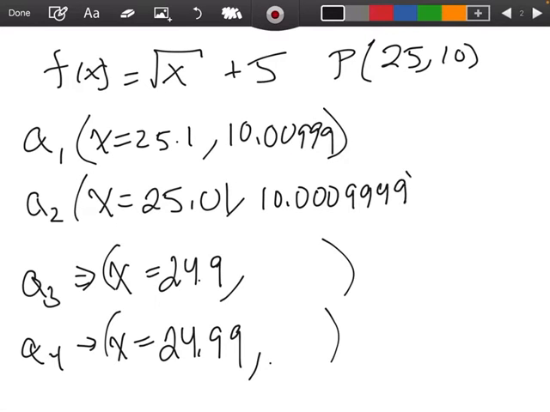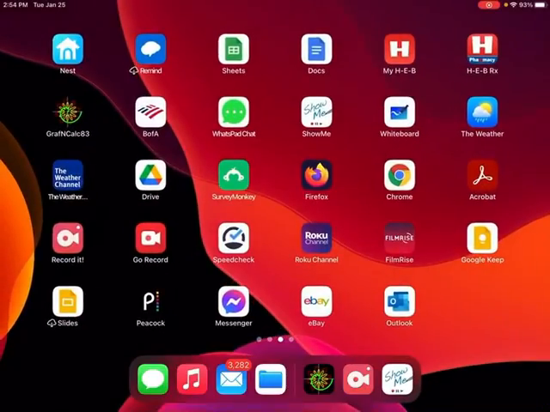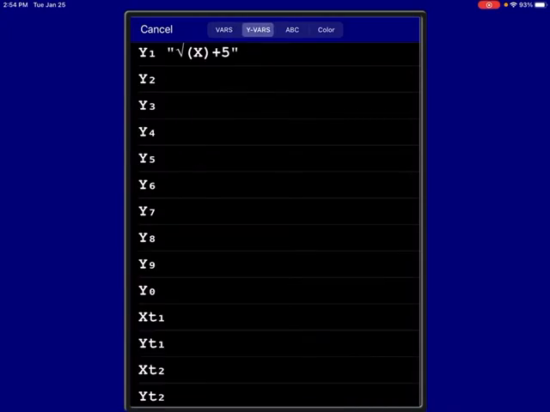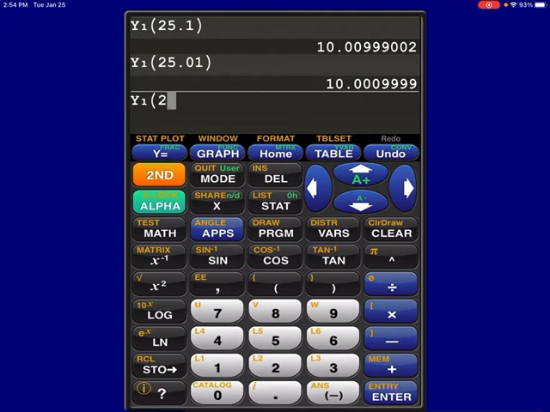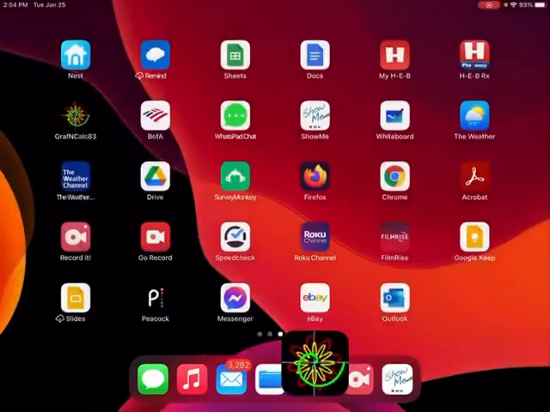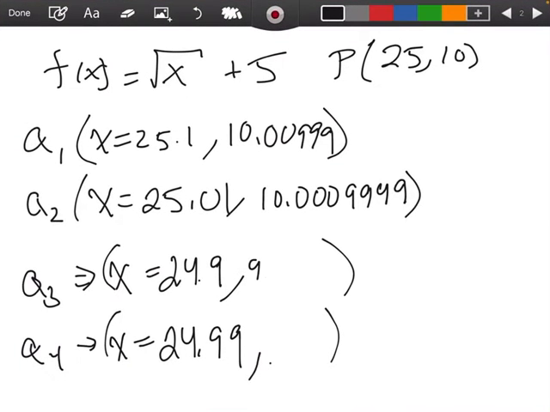And then we'll do the same thing at 24.9. So vars, 24.9. And let's see what we have here. I have 9.98998. That's probably good enough, but you know what, we'll put another 998 after that.